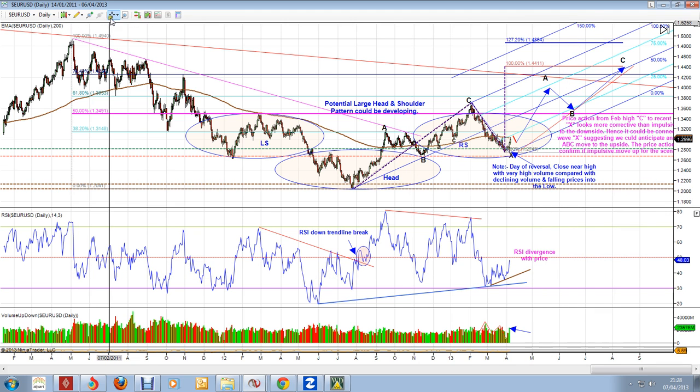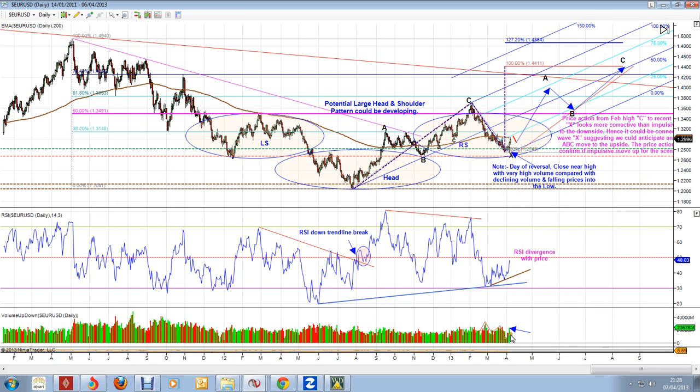So my feeling is that that signifies a significant point of reversal. Just like earlier on in July, where we had a reversal over here, look at the price on that day of reversal. The volume is very high, which corresponds with a bullish bar to the upside, and that too had the same sort of situation.